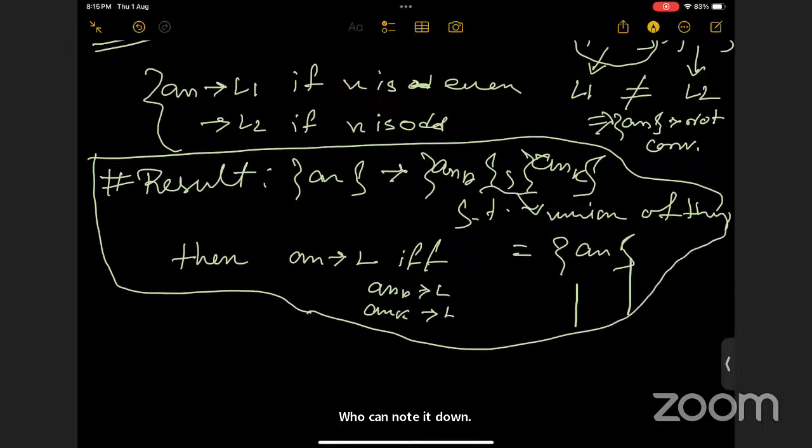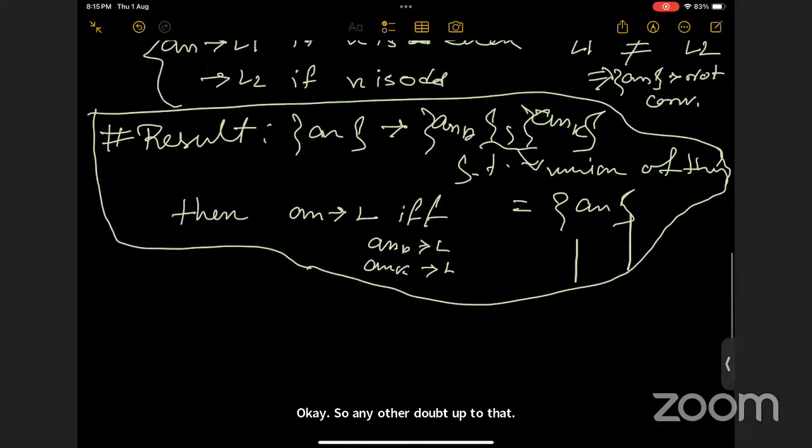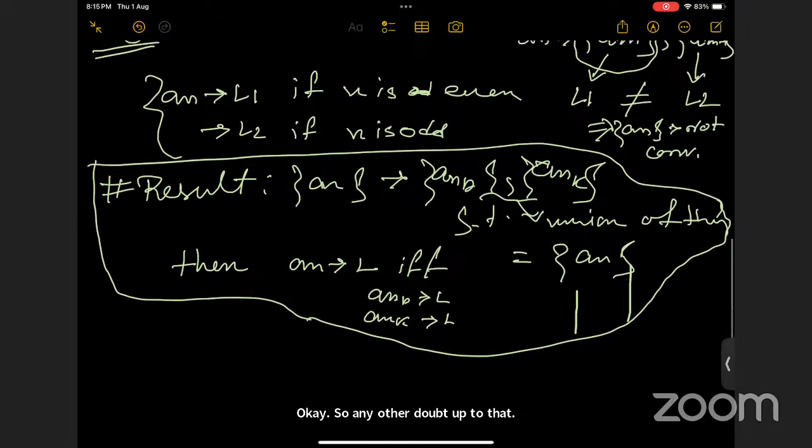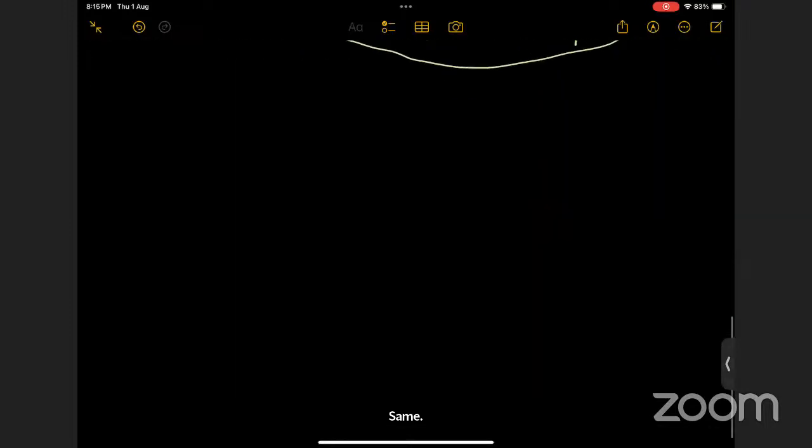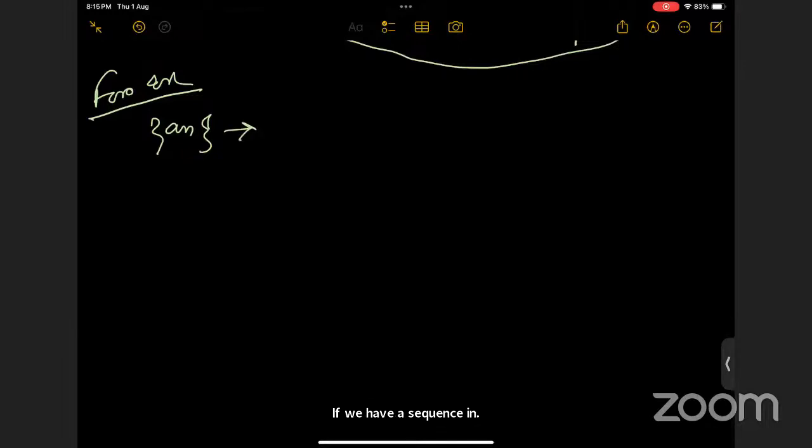Any other doubt up to that? Can you please explain it once more? Same thing. For example, if we have a sequence a_n, for that we can take some subsequences, right?